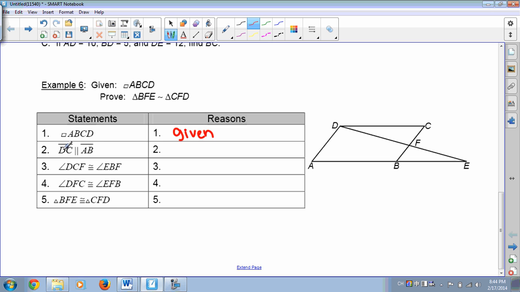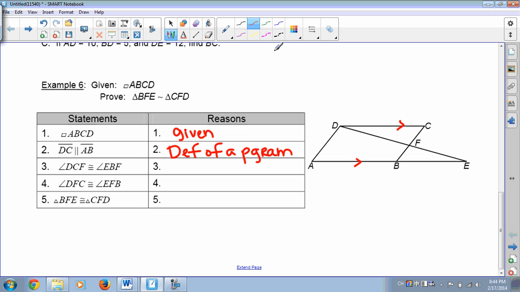Now it's saying that DC is parallel to AB. Here's DC on top, and I'm going to mark it with an arrow. And here's AB on bottom. I'm going to mark that with an arrow. Those arrows mean that they're parallel. And the reason we know that they're parallel is because this is a parallelogram. So we know that the sides are parallel because that's what a parallelogram is. Definition of a parallelogram. I'm going to call it a p-gram for short.